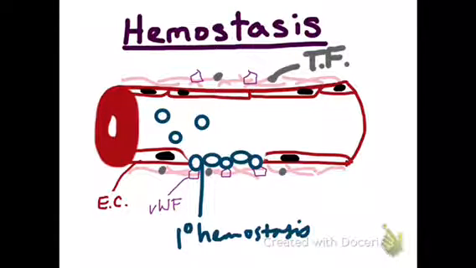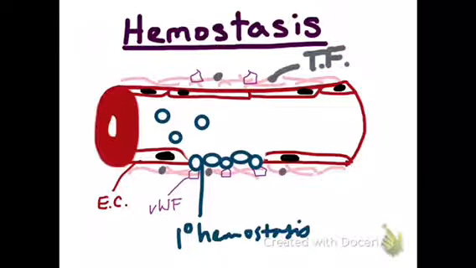Now this platelet plug isn't very strong, so secondary hemostasis then occurs to help solidify that platelet plug and make it become stronger. Now remember that tissue factor that I said was within the subendothelial collagen.